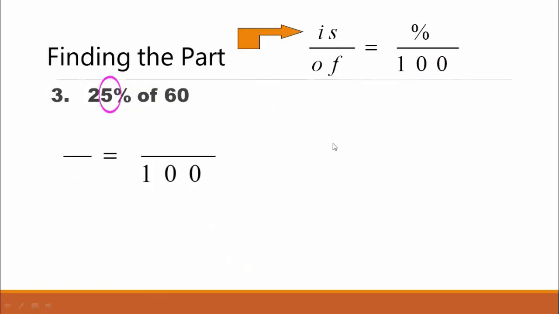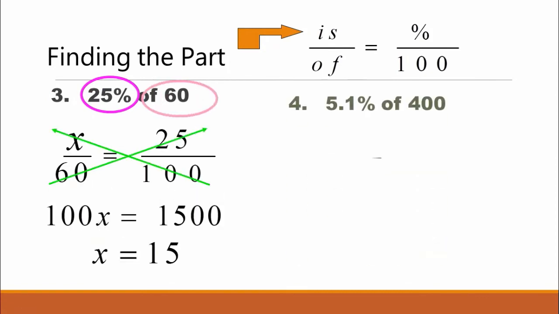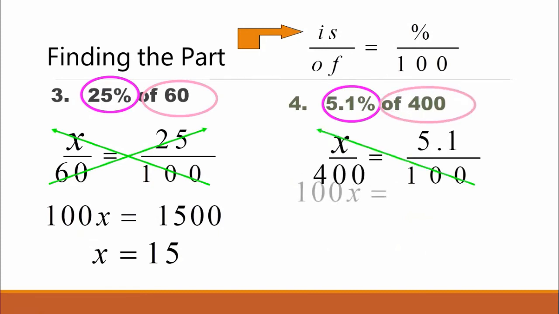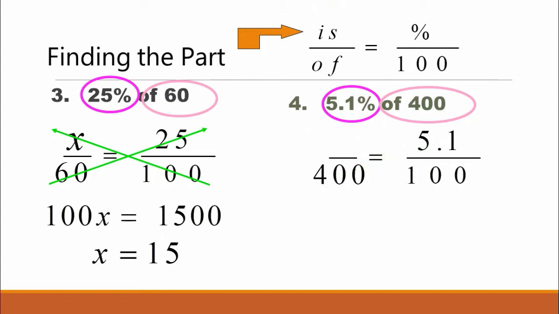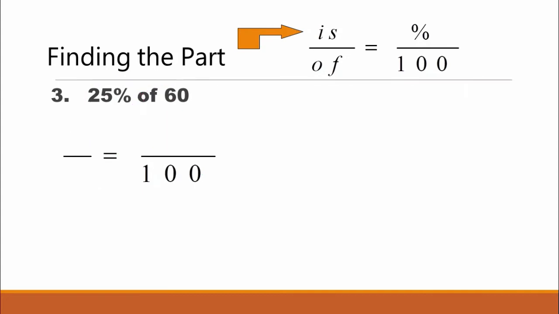For example, in example number 3, there are some examples to calculate is, of, part, or percent. We have three things in the percentage formula: percent, is, and of. How to find the part, how to find the percent, and how to find the total.